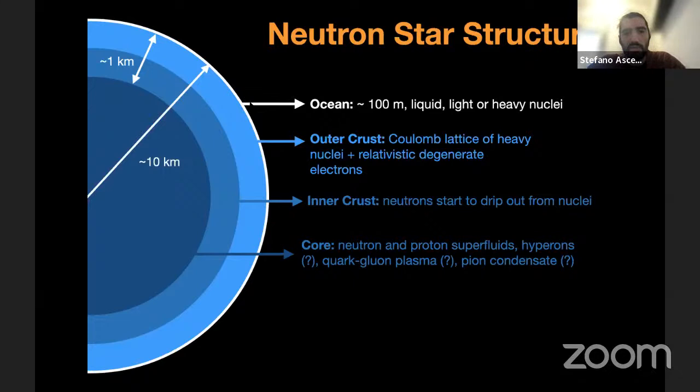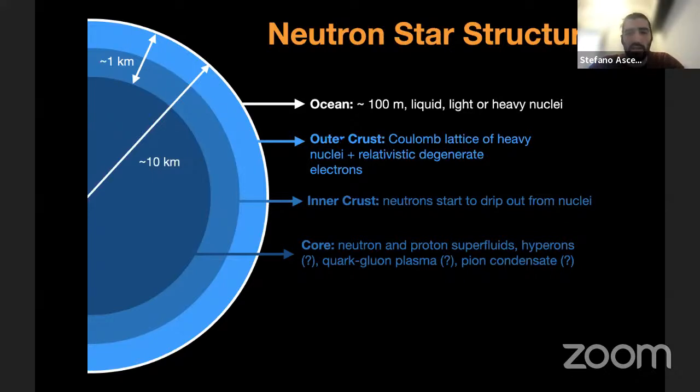From the most exterior, we have the ocean, or the envelope, which is in a liquid phase and can be composed either of light or heavy nuclei. Then, going toward the center, we find the crust with a depth of more or less 1 kilometer.